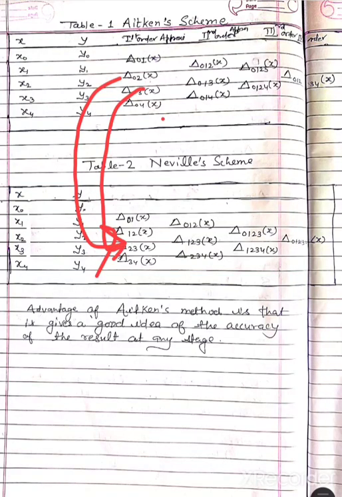And similarly, the advantage of Aitken's method is that it gives a good idea of the accuracy of the result at any stage. So this Aitken's scheme or method can be explained more by taking an example.